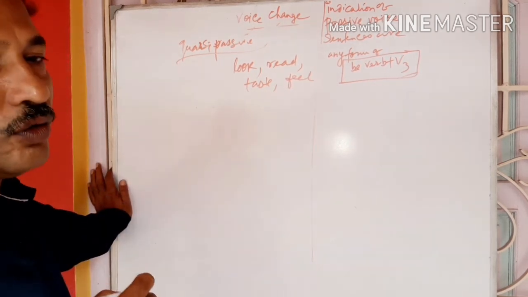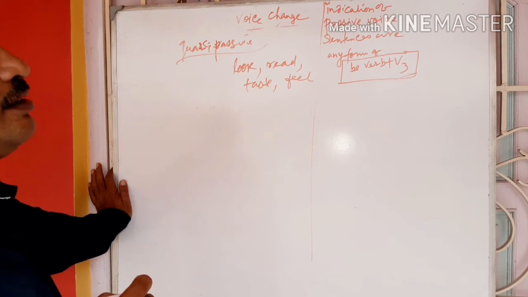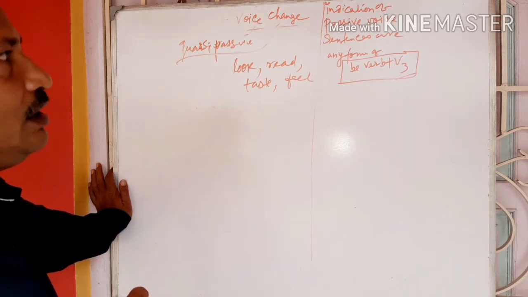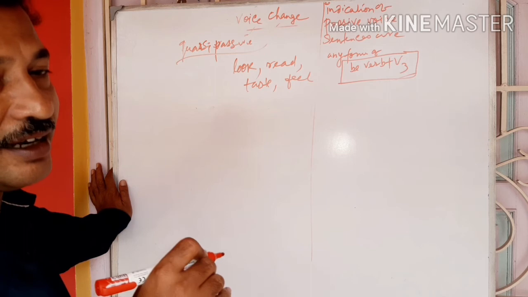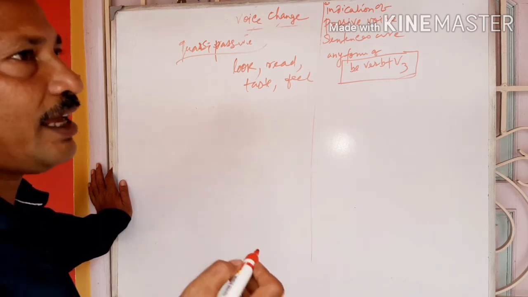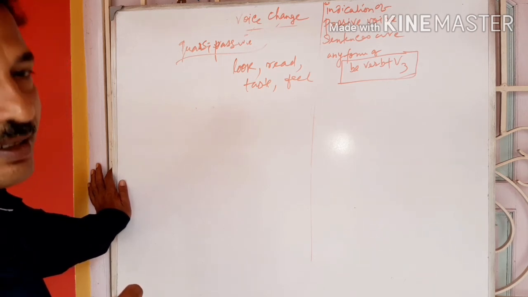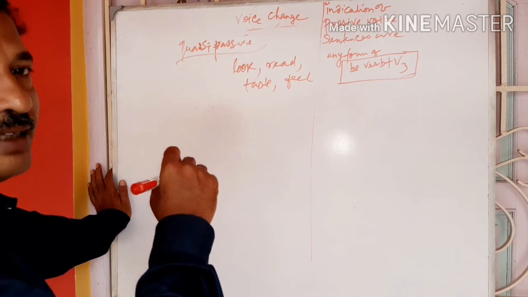These verbs look like active and somewhat passive. Even if they are in the active form, they sometimes behave like passive voice form. That's why they are called quasi-passive, meaning not fully passive.